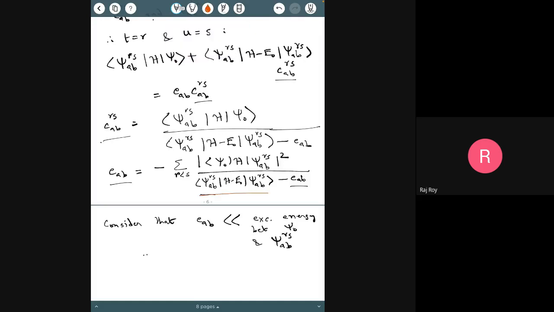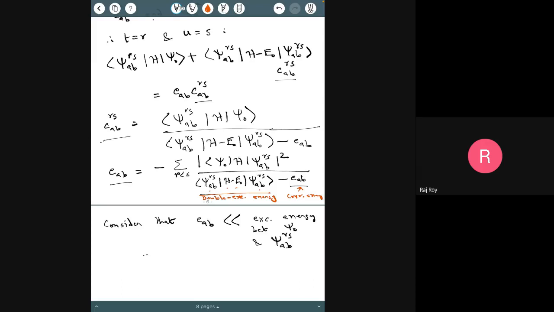You have this one. What is this? This is the expectation value of H for a doubly excited determinant, so that is the energy of the doubly excited state. And then you have minus E0, which is the energy of the ground state. So this is basically the double excitation energy. And this is a correlation energy.